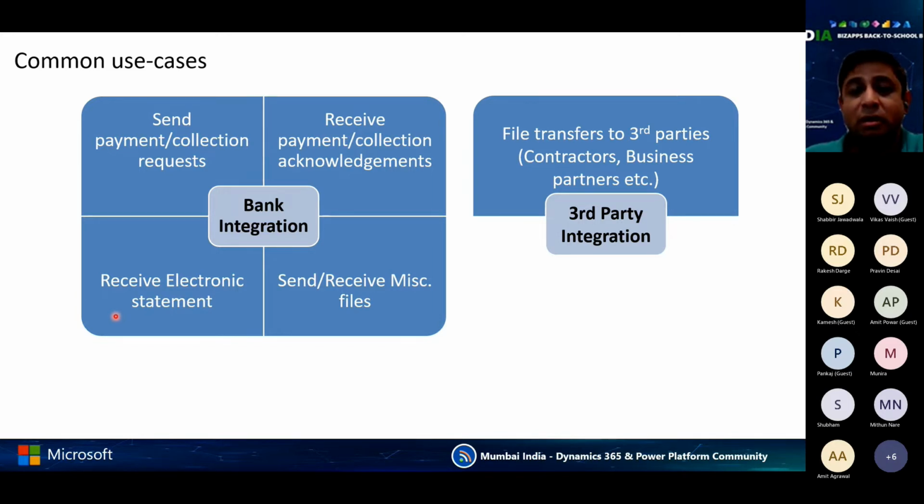Those exchanges can happen through files, and in some cases, banks enforce that all the information should be encrypted while transmitting, either from bank to customer or from customer to bank.